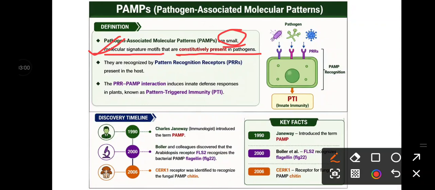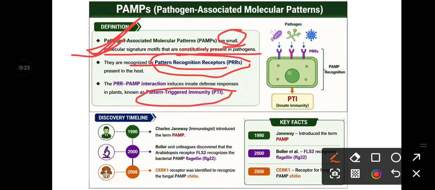So these PAMPs are recognized by pattern recognition receptors, PRRs, present in the host. The PRRs are molecules present in the membrane of the host that recognize the signature molecule of the pathogen and induce pattern triggered immunity, PTI.